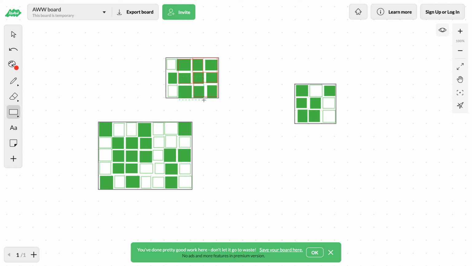We have 4 squares of size 2, and then we have the largest one that is of size 3. So overall we have 10 plus 4 plus 1, 15 squares where all the elements are filled with 1. The filled squares here represent cells with 1 value and the empty ones represent cells with 0 value.